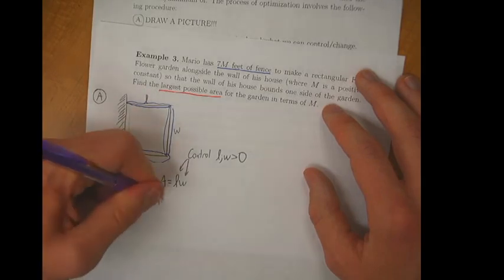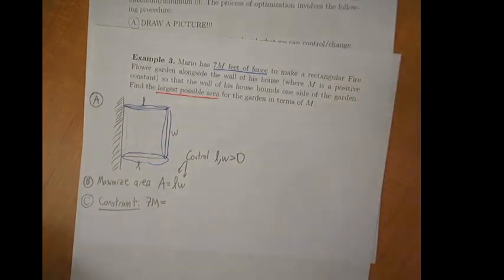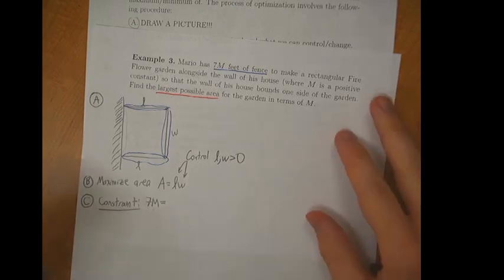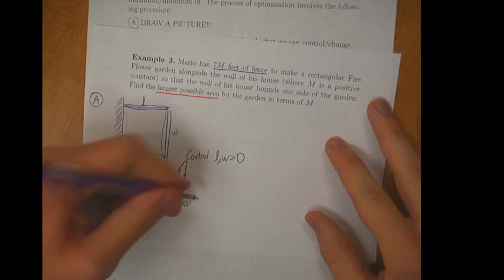Okay? So, taking that into account, that should tell you that 7m can be expressed in terms of L and W. How can we express them in terms of L and W? Let's give someone else a chance. Yep, just 2L plus W. Okay?